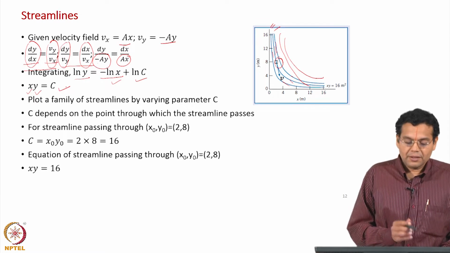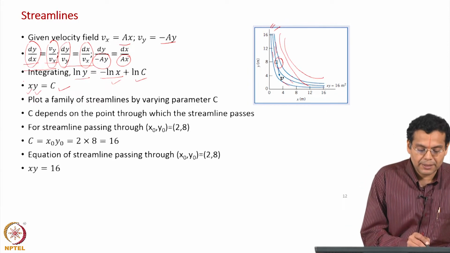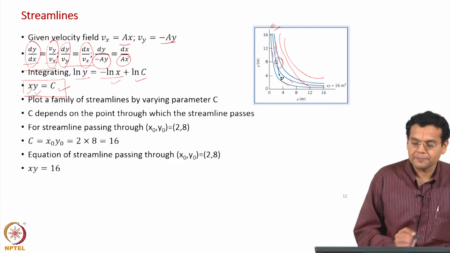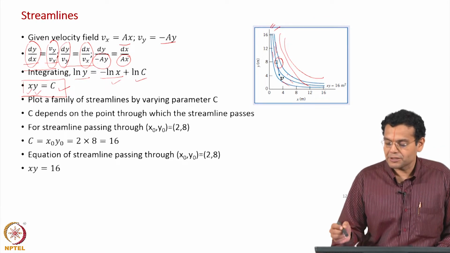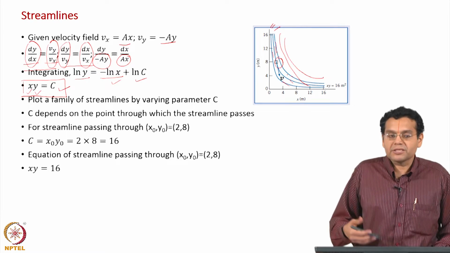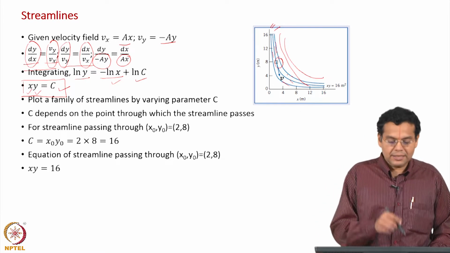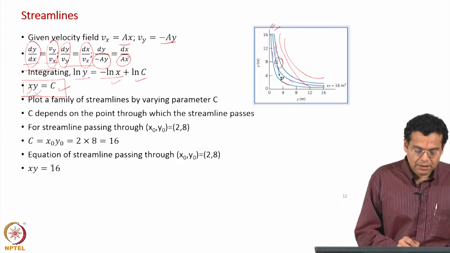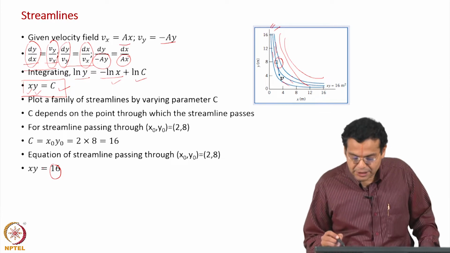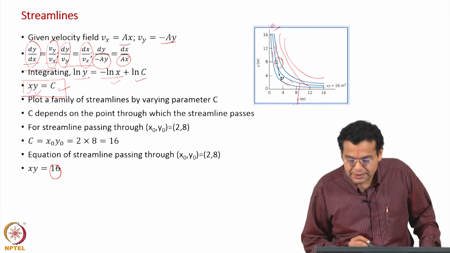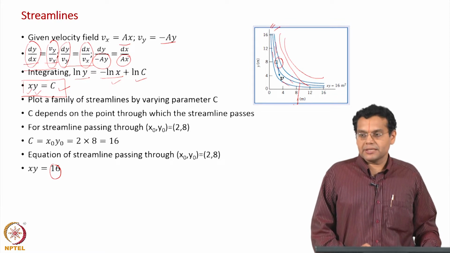All the streamlines for this flow field are represented by this general equation xy equal to c. Based on the point you specify, or which streamline you want, you specify a point on the streamline, then this constant keeps changing. And this center one is the streamline xy equal to 16.